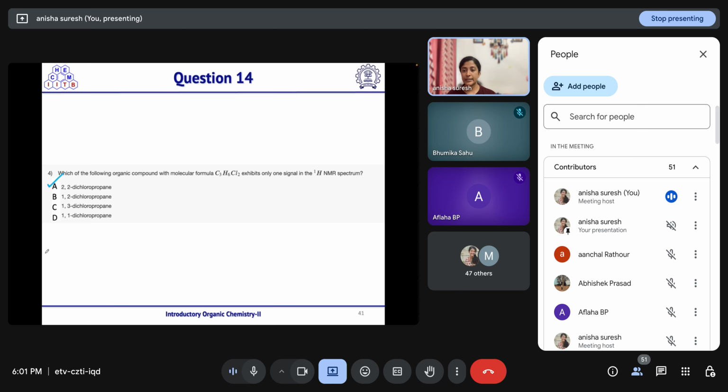So we can see why it is so. For that we have to draw the structure. Okay. CH3, CH3, Cl, Cl. 2,2-dichloropropane. Sorry, I have drawn an extra hydrogen. So this is the structure of 2,2-dichloropropane.